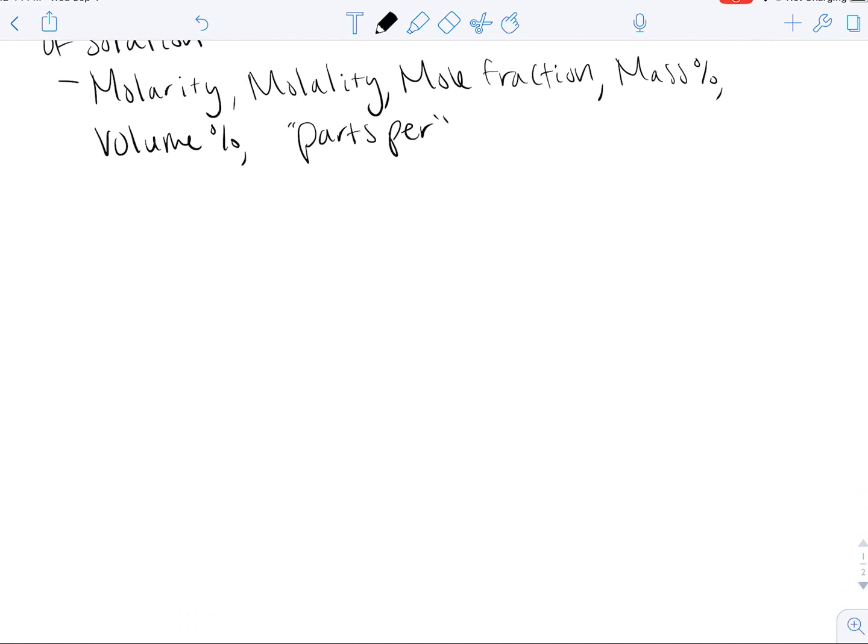Okay, so molarity, hopefully this is a review for you, but molarity is a very important unit that is used by chemists all the time. So we're going to use it in chemistry class.